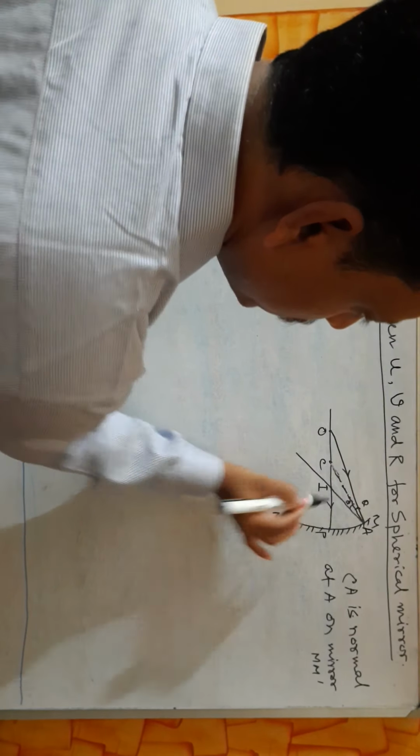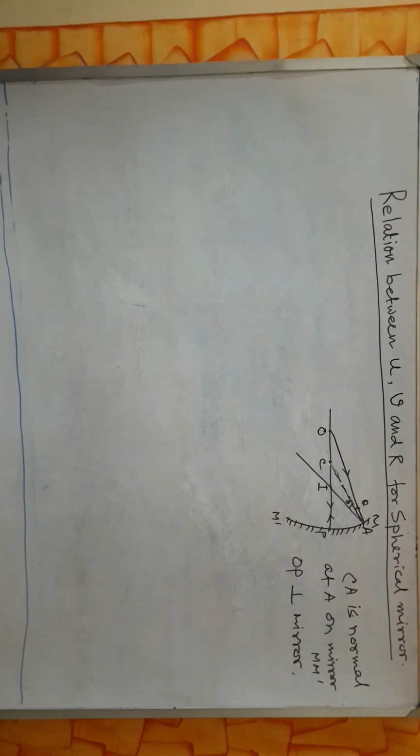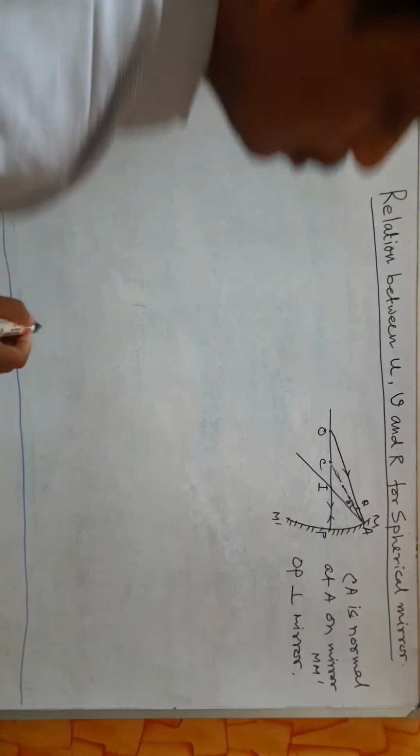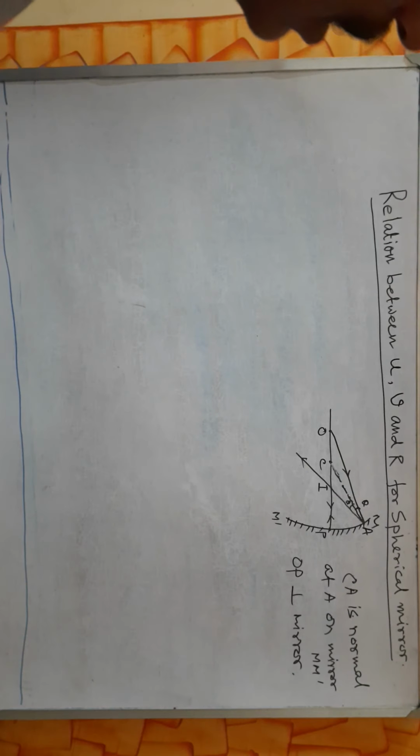OP is the normal at P on the mirror, so the ray reflects back along PO. Both reflected rays meet at the point I. I is the real image formed.